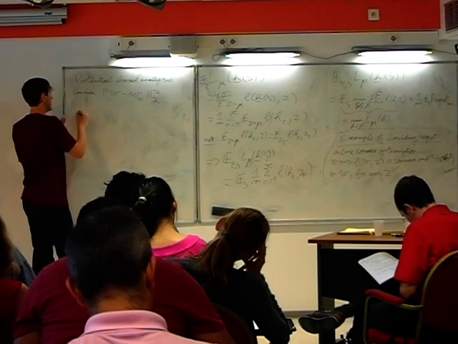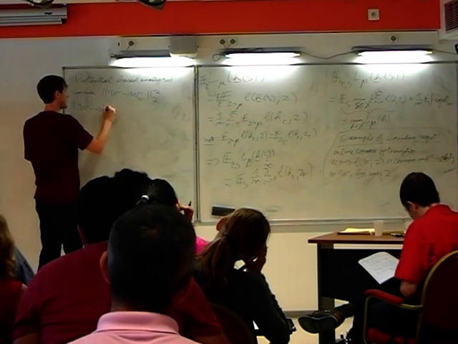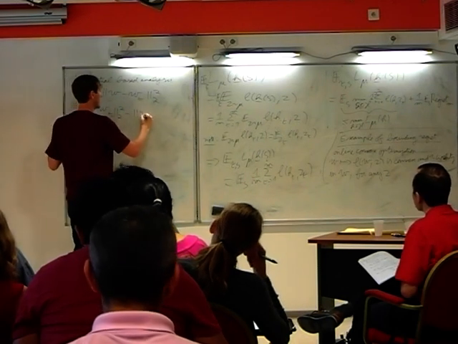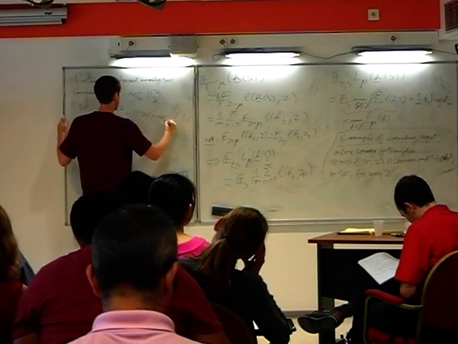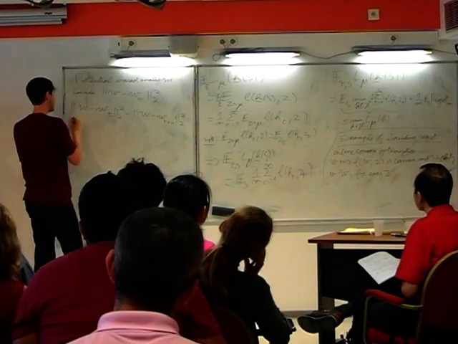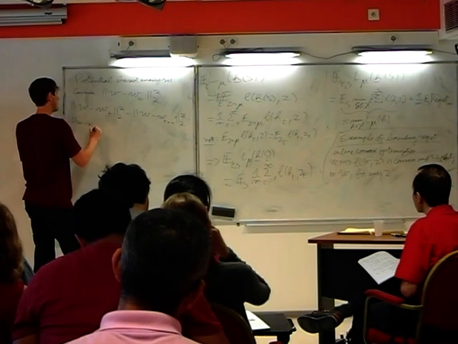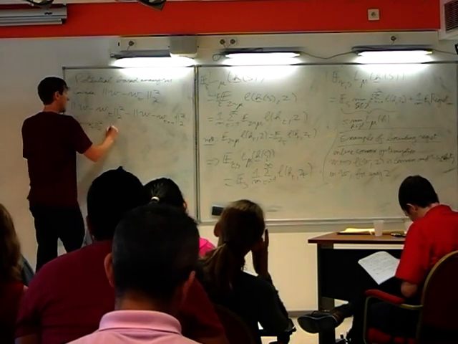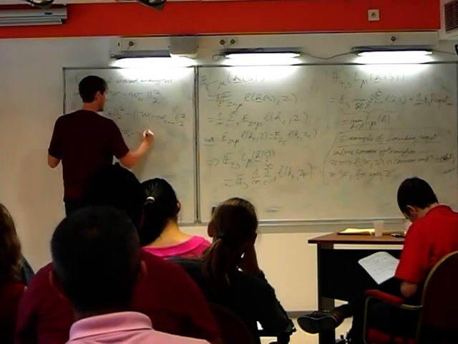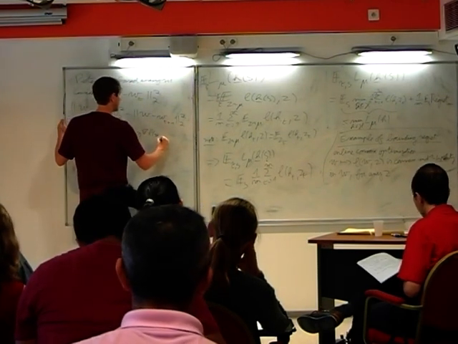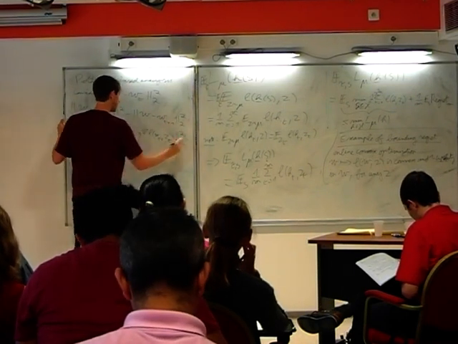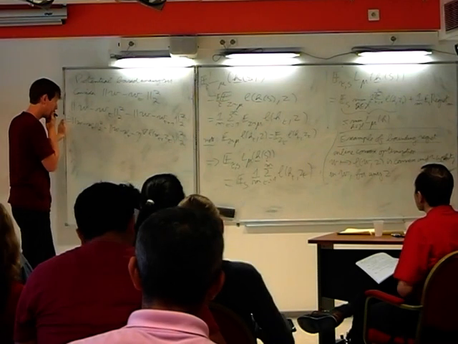So let's look at how much this has dropped. This is the same thing as the norm of W minus WT, minus the norm of W minus WT minus eta gradient of L at WT.